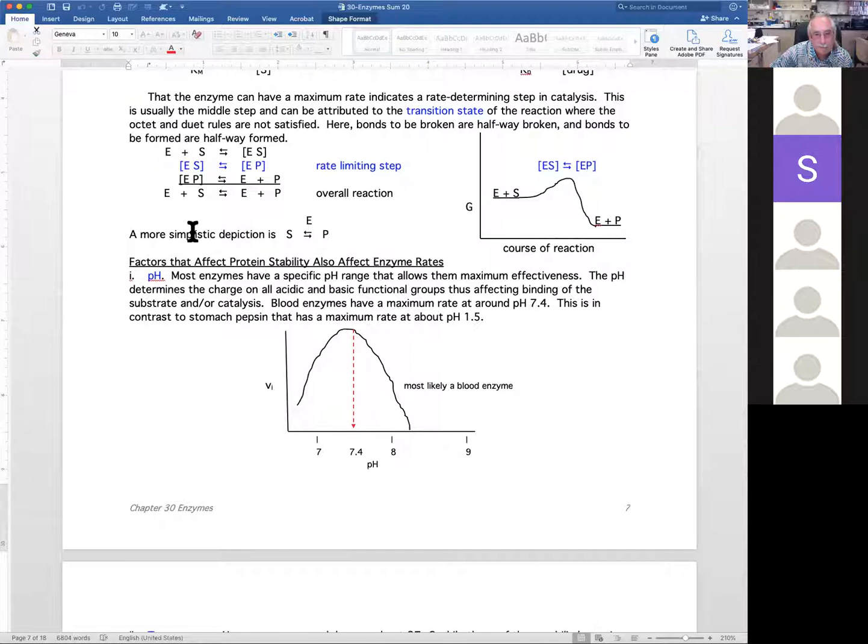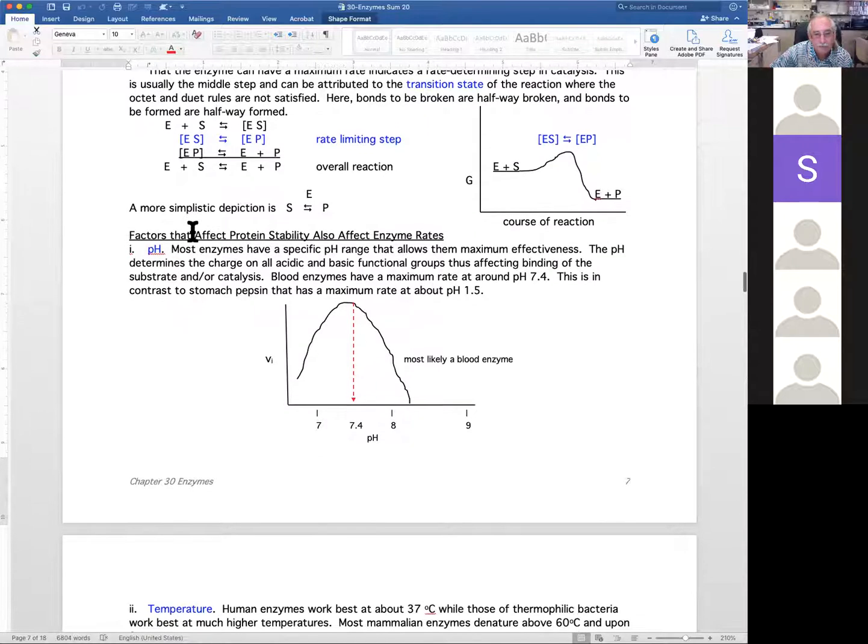So factors that affect protein stability that we talked about in the previous chapter, right? So anything that affects protein stability is also going to affect the rate of the enzyme.